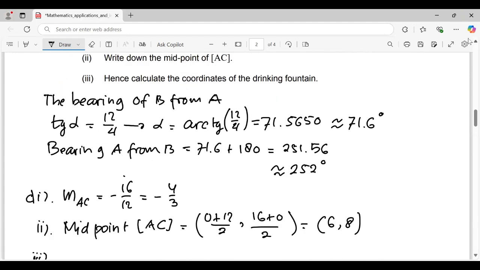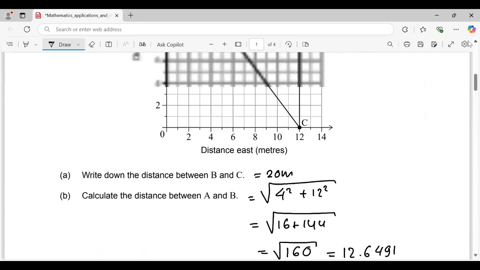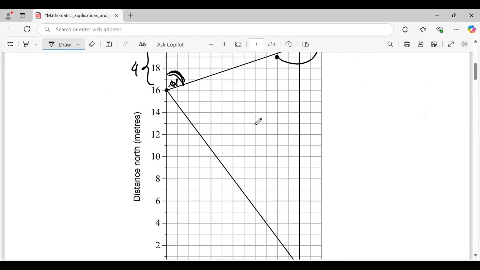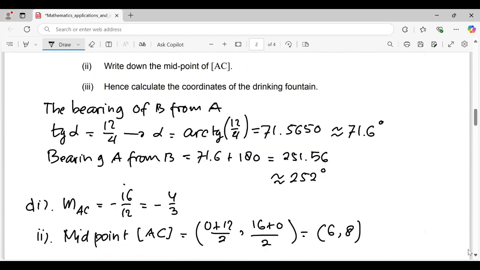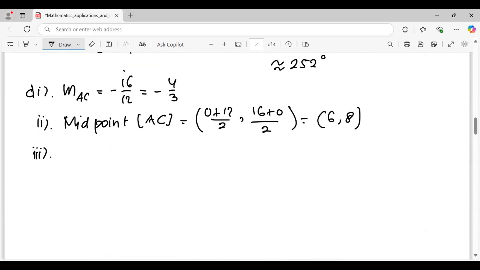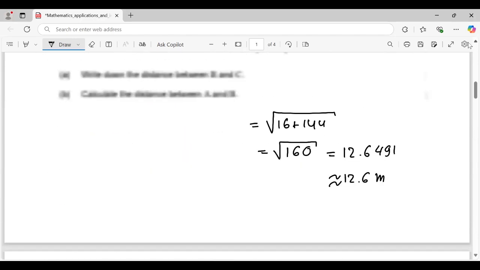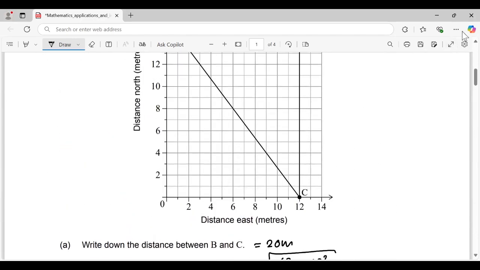It means we need to find a coordinate point around here, and that coordinate point has the same distance to A, to B, and to C. So I would like to start with side AC. This is side AC.